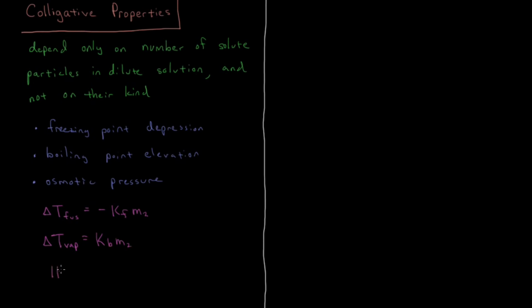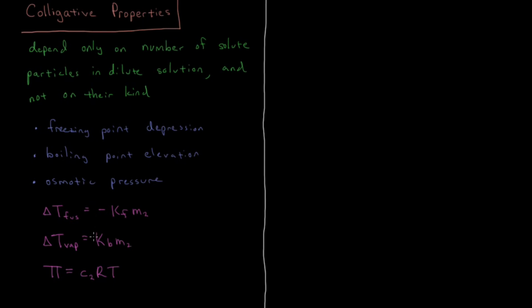And osmotic pressure, which we're going to define as pi, which is the pressure that's going to result on different sides of a semi-permeable membrane, is equal to the concentration of the solute on one side times the gas constant times temperature. So that pressure is going to increase with temperature, but it's also going to increase linearly with the concentration of whatever solute it is.